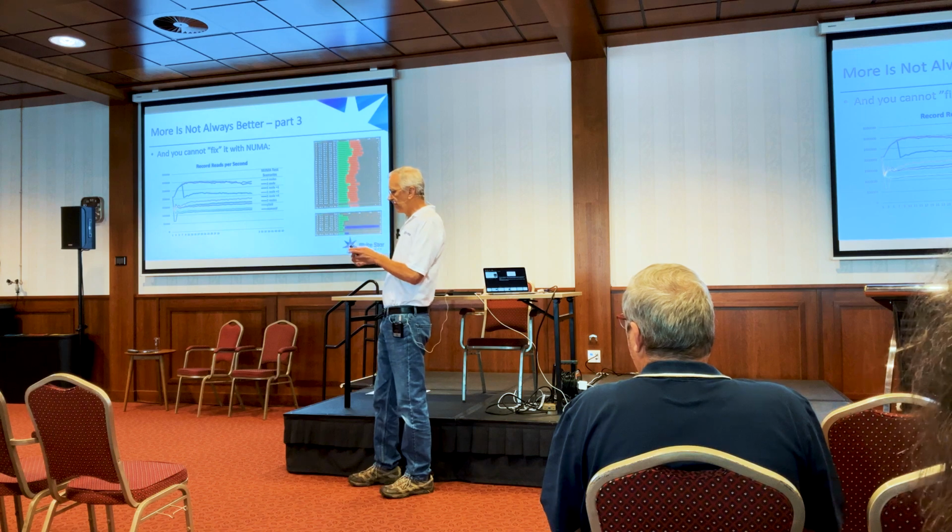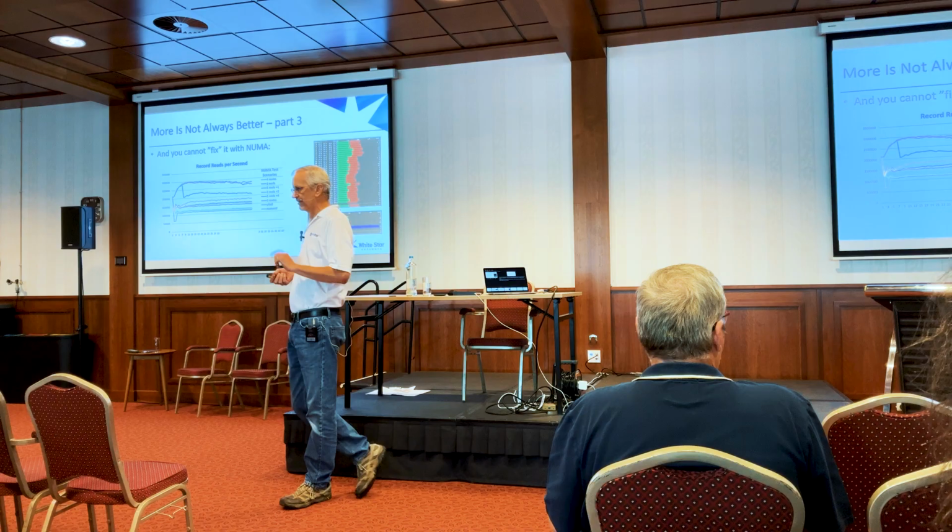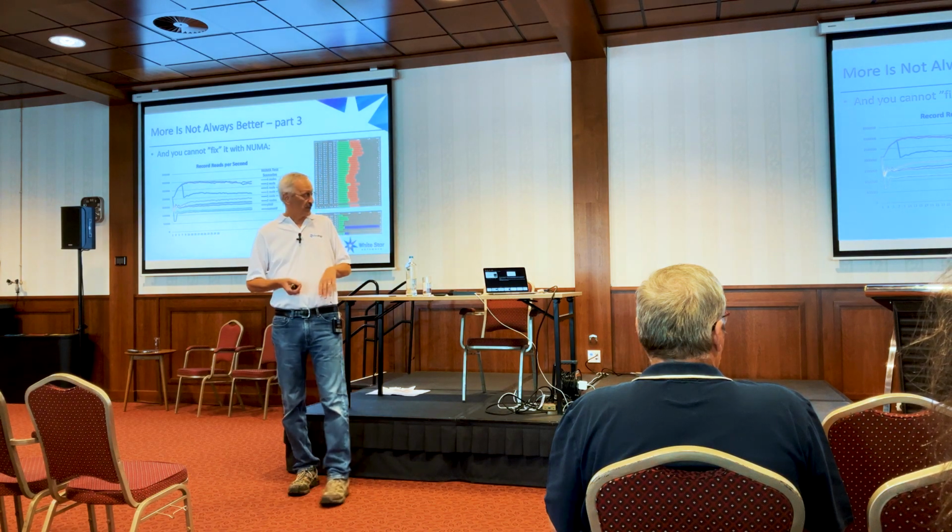So here we have some testing that we did last year, looking at the number of records per second that you can read in various configurations. So the top line is basically one NUMA node. So that's just one node. The other three nodes are turned off, and we get the best throughput. We get about 3 million reads per second with just one node. So disable the other cores.